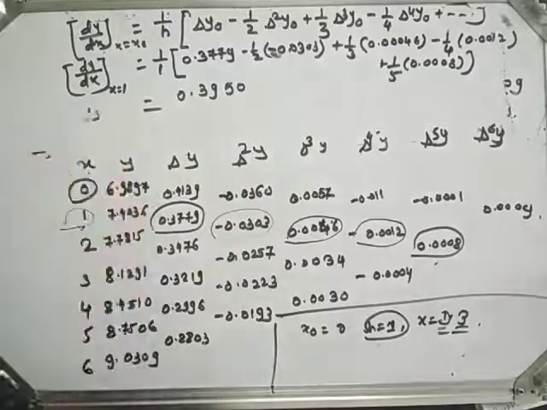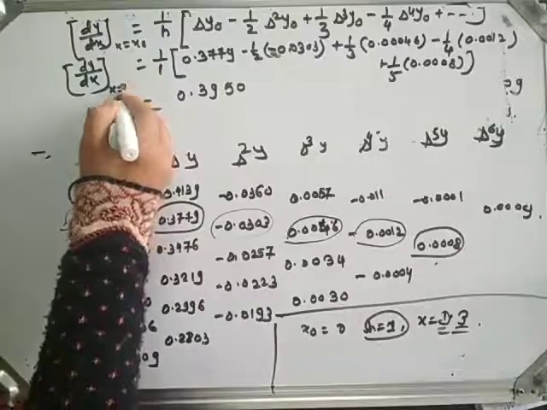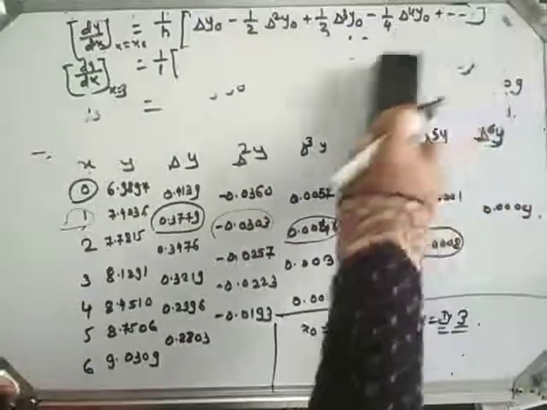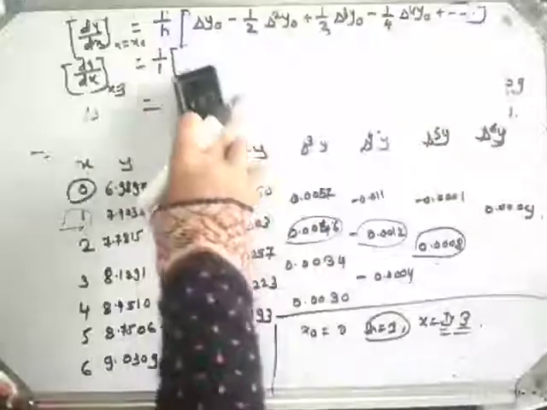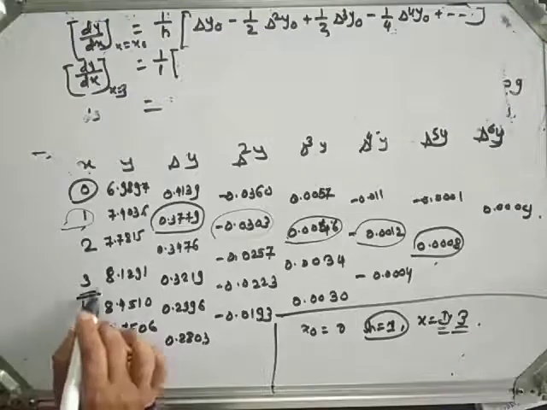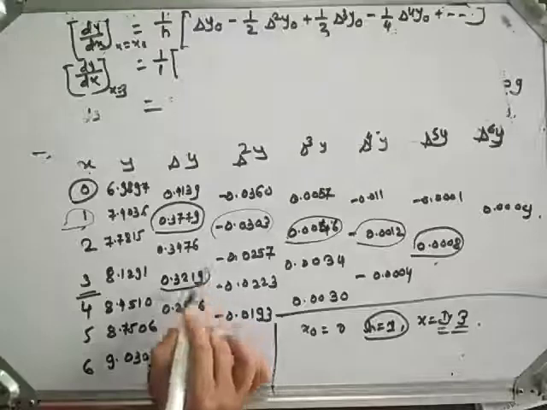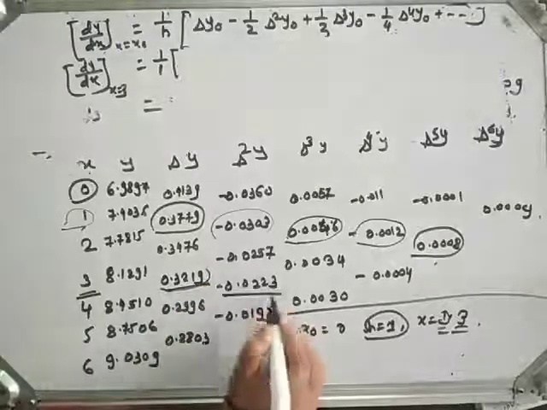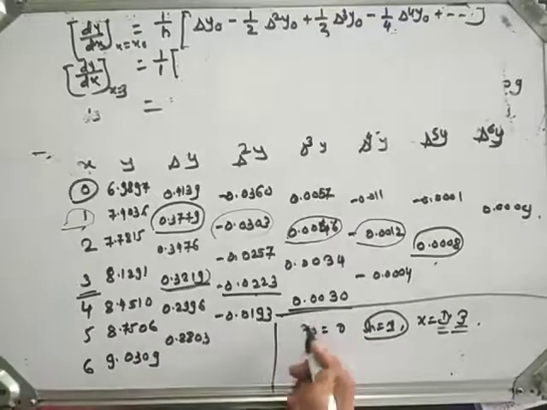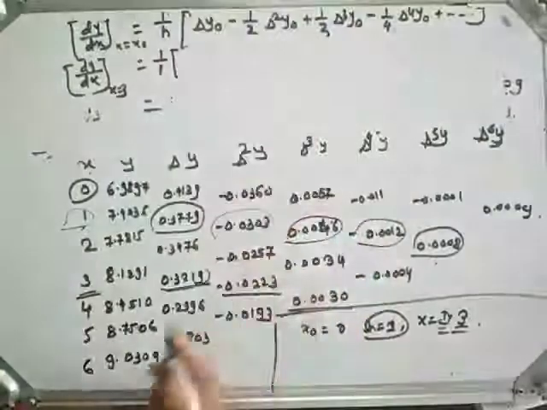Now you have to calculate the derivative at x equals 3. So your delta y0 is this value, delta square y0 is this value, and delta cube y0 is this value. So put all these values in your formula, you will get an answer.